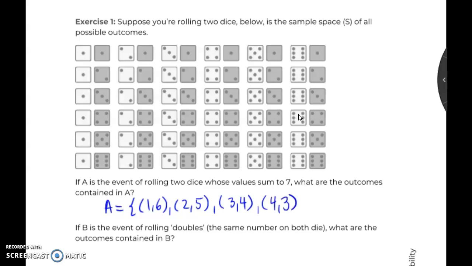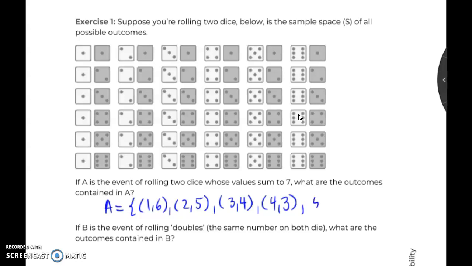and a 4 and a 3. Make sure you understand that 3-4 and 4-3 is not the same thing, because 3-4 means we're rolling a 3 on the first die and a 4 on the second die, where 4-3 means rolling a 4 on the first die and a 3 on the second die.